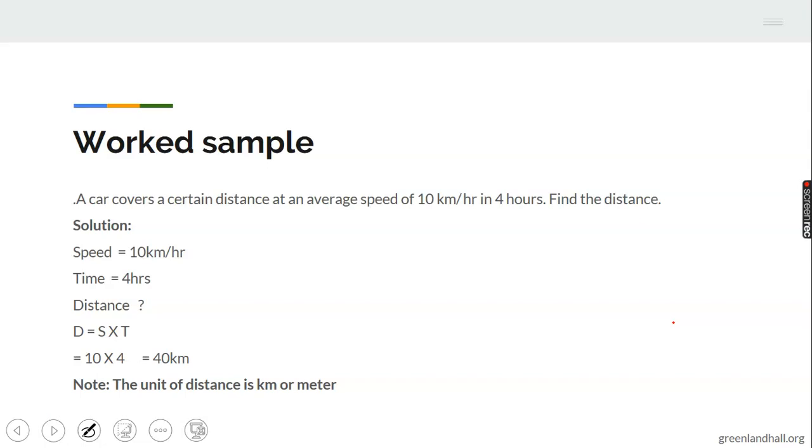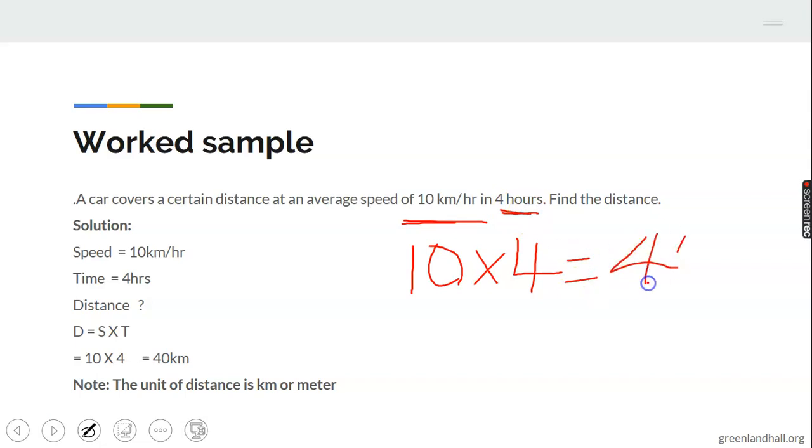Speed is 10, and the time is 4 hours. Now you multiply. 10 times 4 will give us 40.